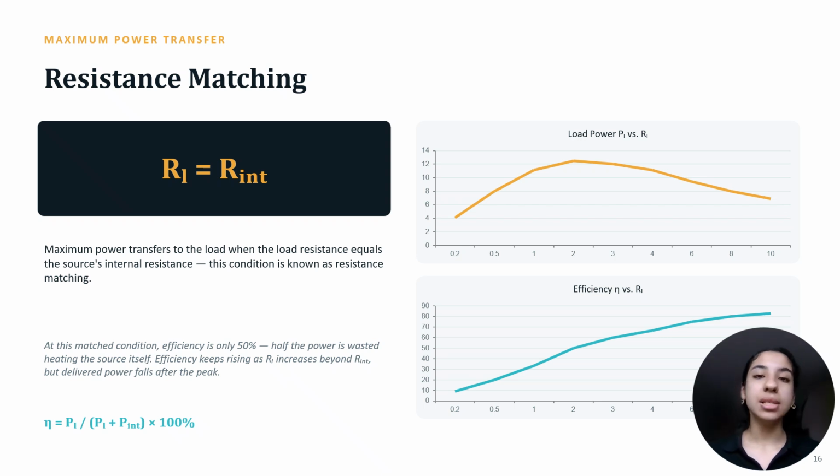So what happens if the resistor we have in the circuit has the same resistance as the internal resistance of the battery? That is called resistance matching. What resistance matching means is that you get the maximum power transferred in that circuit, and usually the efficiency is 50%.